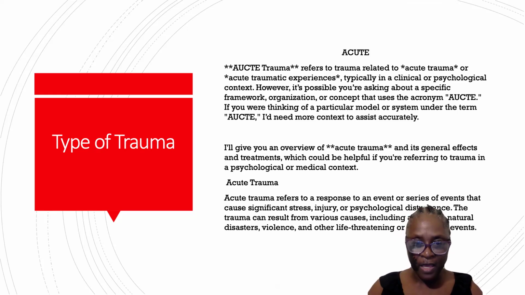Acute trauma refers to a response to an event or a series of events that cause significant stress, injuries, or psychological disturbance. The trauma can result from various causes, including natural disasters, violence, and life-threatening events.